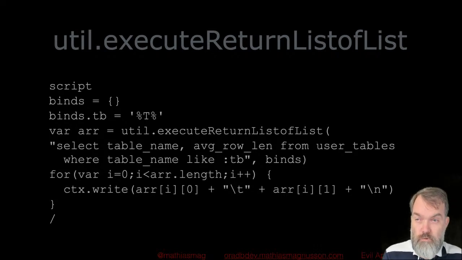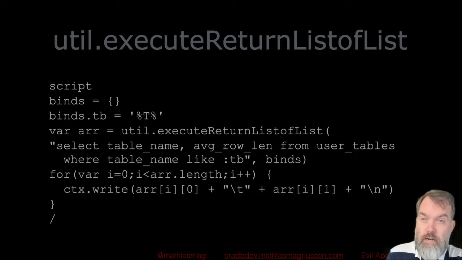So here we have an array coming out of the call to this function, and the select pulls out the table name and the average row length from the user tables for tables like the variable declared above.